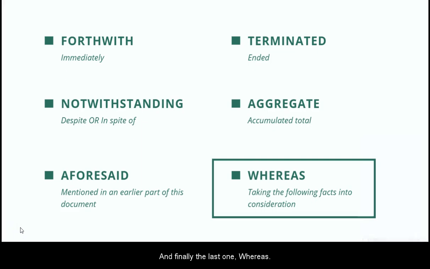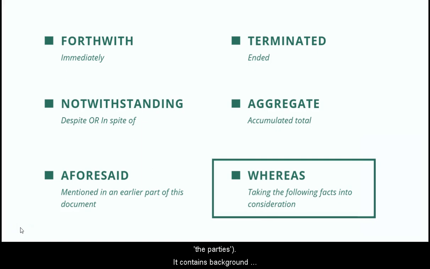And finally, the last one, whereas. The recital section of a contract often starts with the word whereas, and in some contracts, every sentence in the recitals will begin with the word whereas. Recitals is the second part of a contract, the first one being the parties.